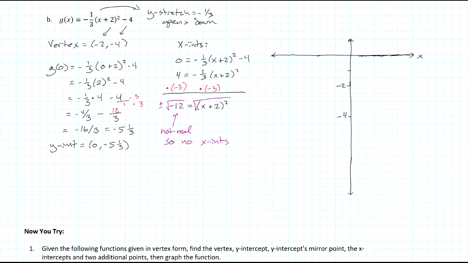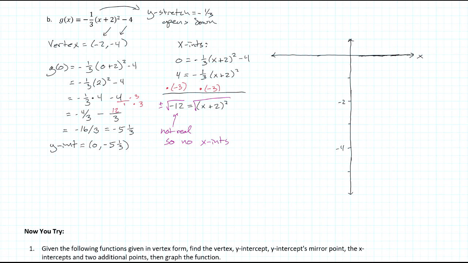In fact, since the y-intercept is negative 5 1/3, let's go by 1/3 for each of the grid lines. So that means negative 2 here, negative 4 here. That's negative 5.